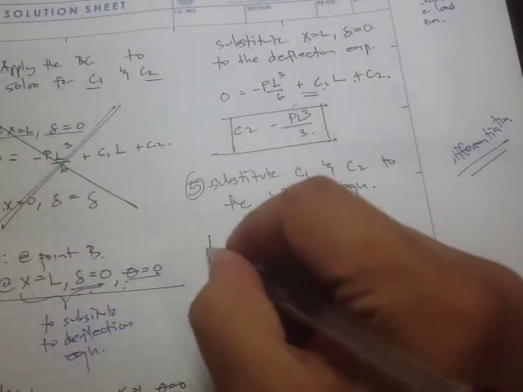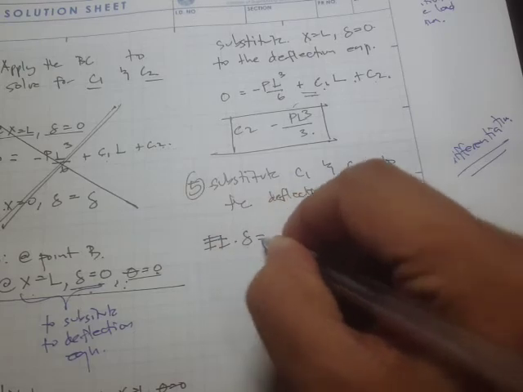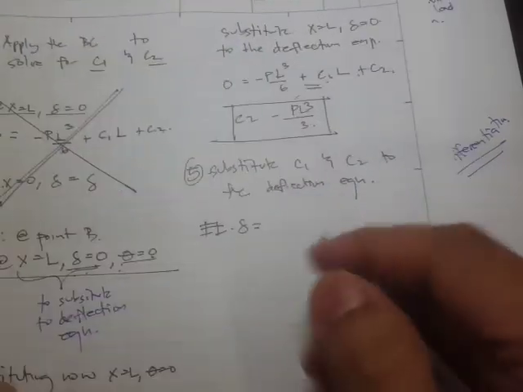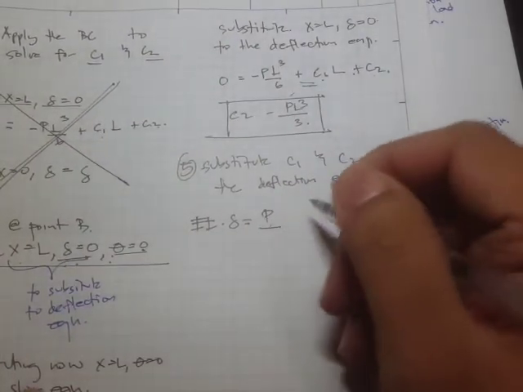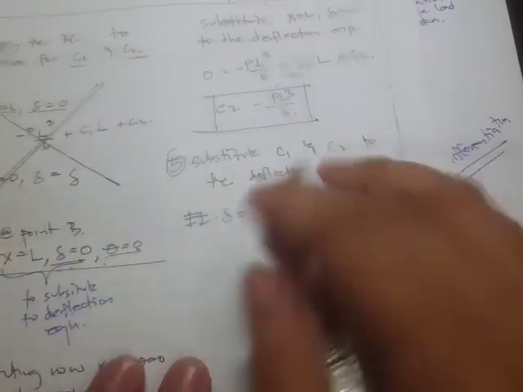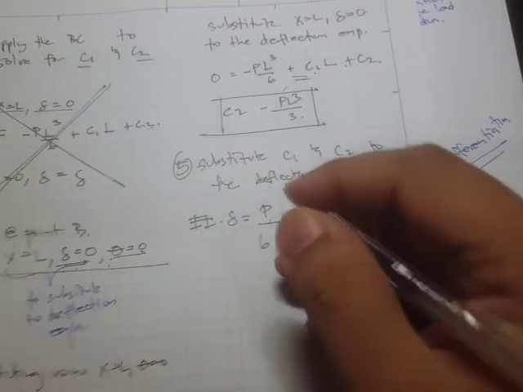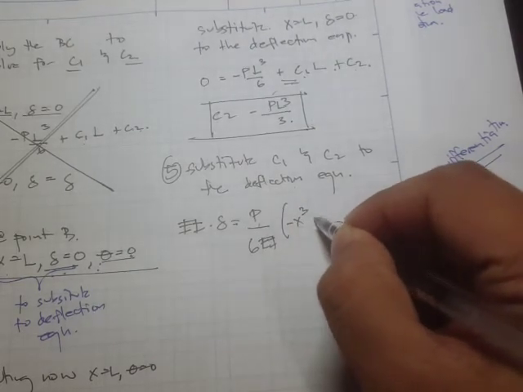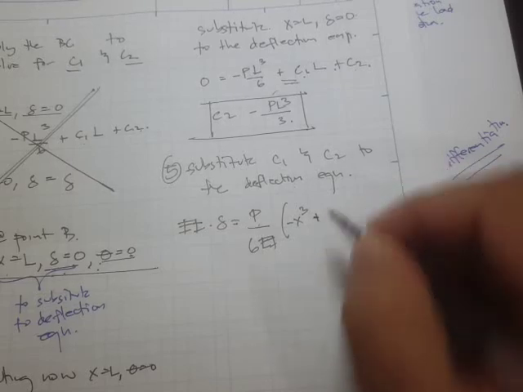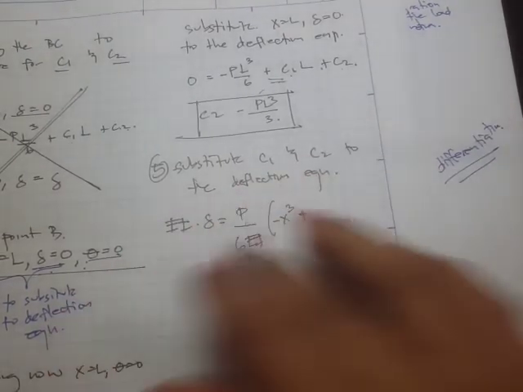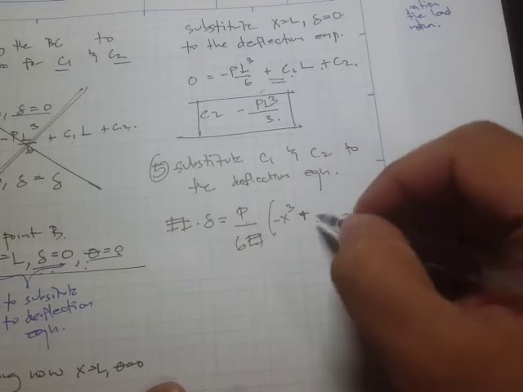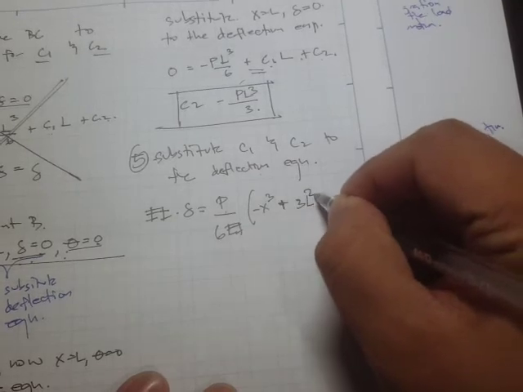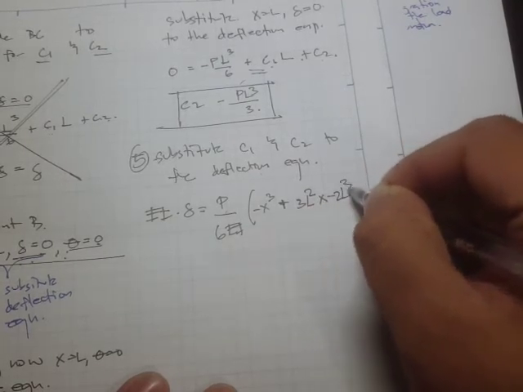So we have EI times the deflection is equal to P all over 6, actually if you do the math, what you get is 6 all over EI times minus x cubed plus, let me do this in a shortcut way because of time, negative x cubed plus 3 L squared x minus 2 L cubed.